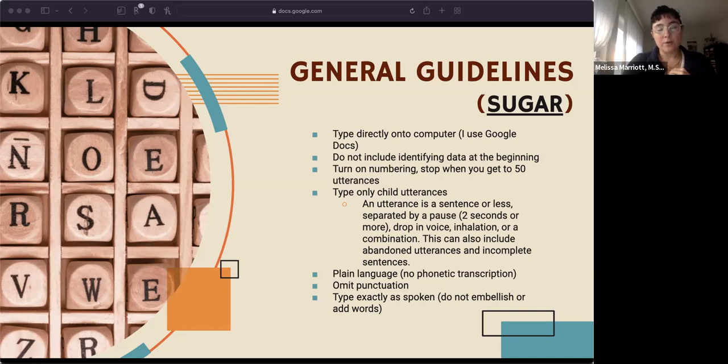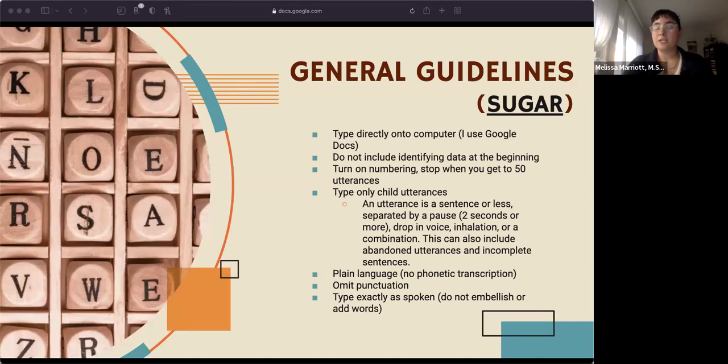Sometimes I also go based on if I appeared to understand what they said at the time, even if I can't understand it now, I might make a note about that in my transcription. I have a little section for notes. But generally, I type directly into Google Docs.